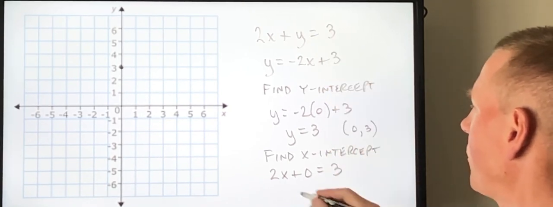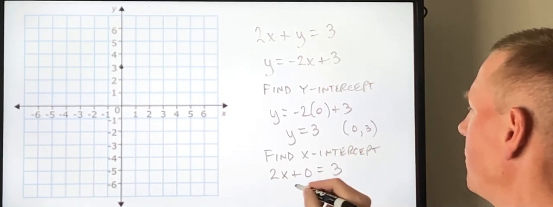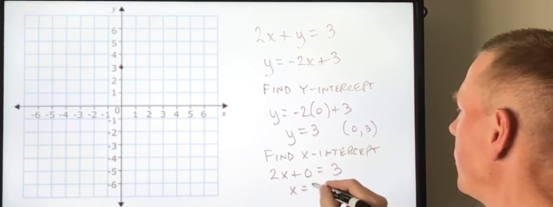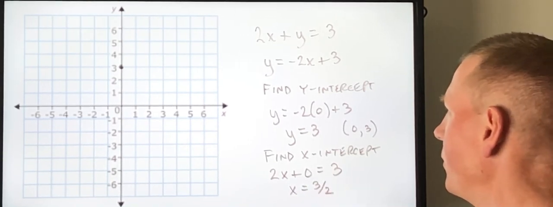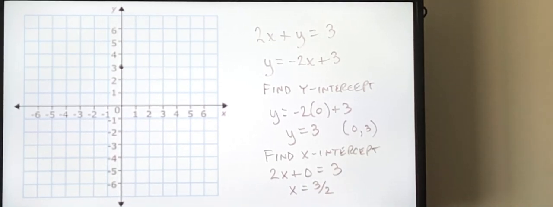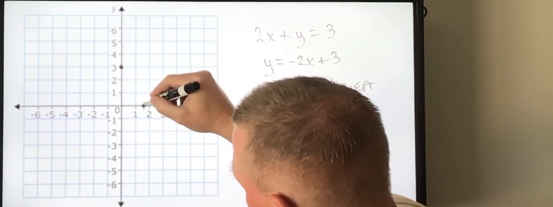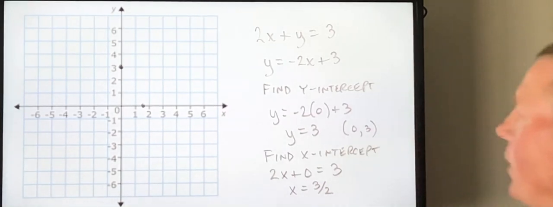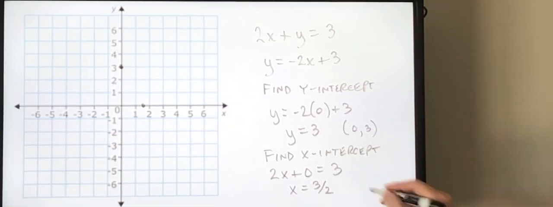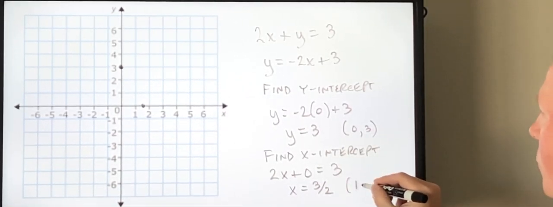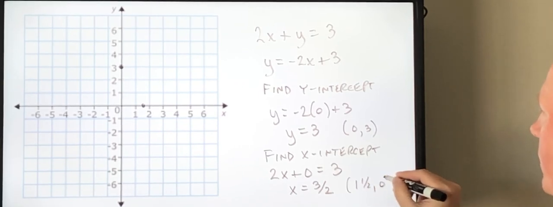I put in 0 for y. To solve that, I'm going to divide both sides by 2. So x is going to be 3 over 2, which is 1.5. So if I go over here to my graph and plot that point, my point is (1.5, 0).